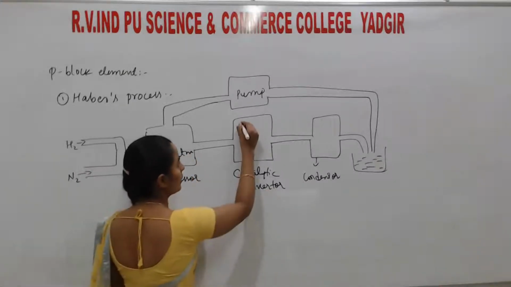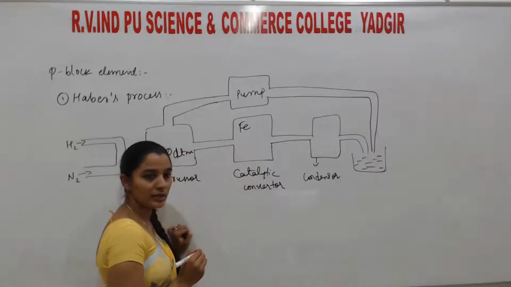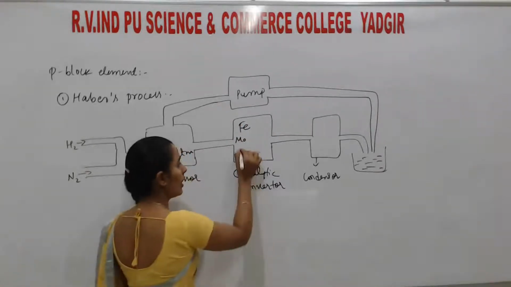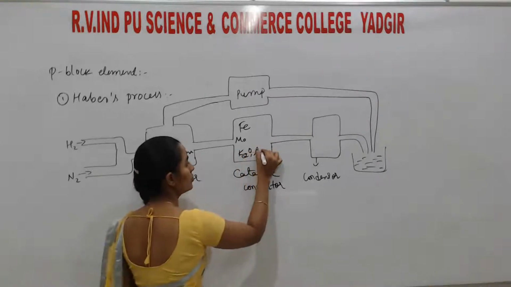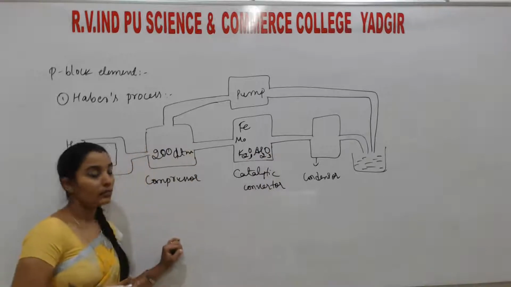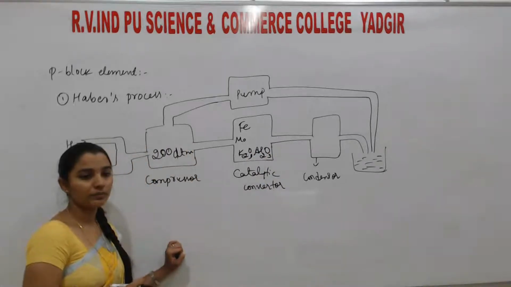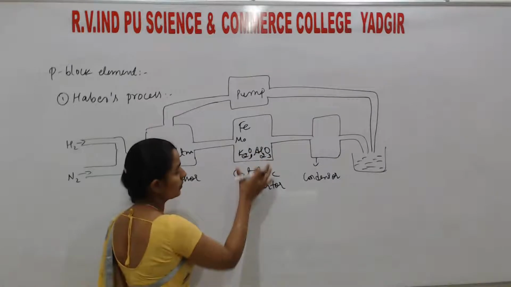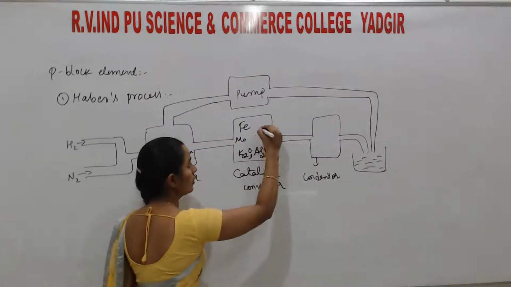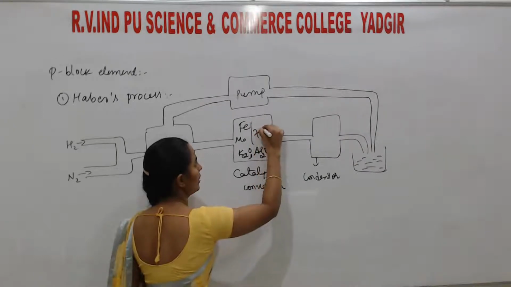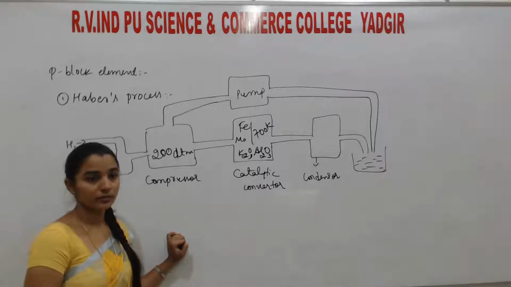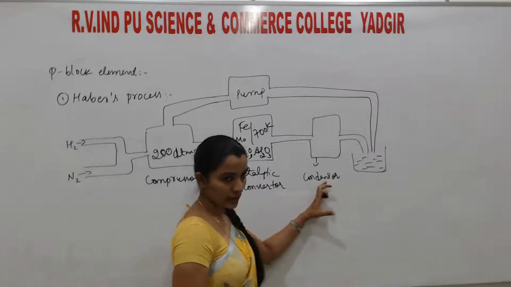Iron is present as a catalyst and molybdenum as a catalytic promoter, and K2O and Al2O3 are used to maintain equilibrium. At the same time you have 700 Kelvin temperature, that is 500 degrees Celsius. Understand?